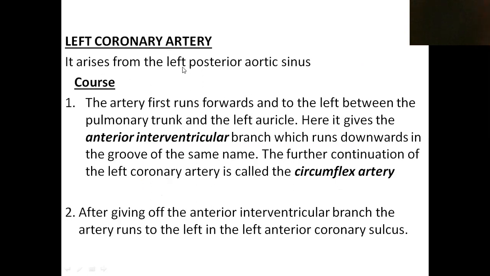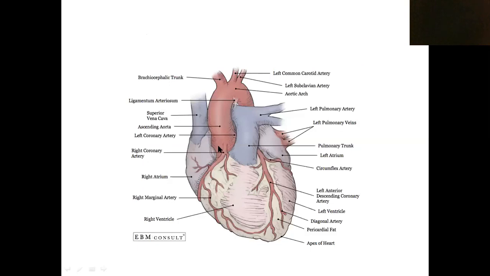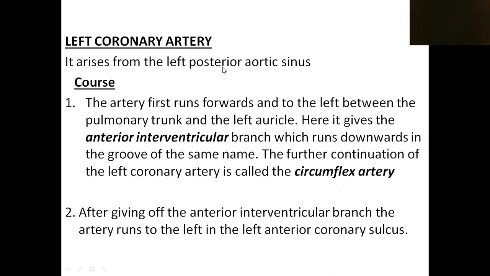See, it arises from the left posterior aortic sinus. I told you, here we have a bulging that is known as the anterior coronary sinus. Like that, here we have one sinus, and that sinus is known as the left posterior sinus. So it arises from the left posterior aortic sinus.